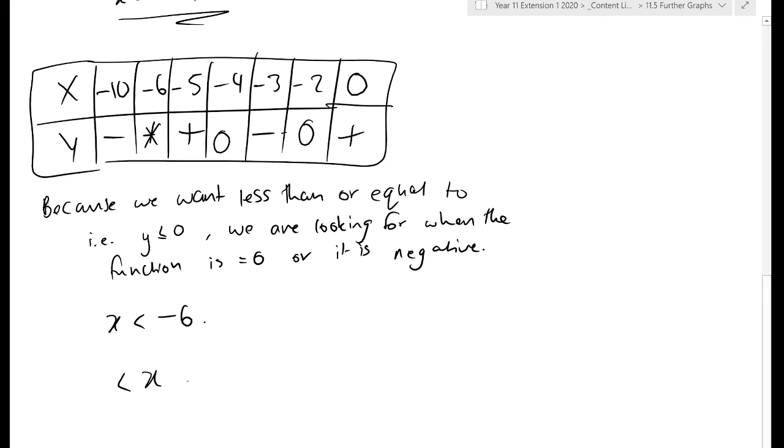But because we also want the values where it's equal to 0, it's also equal to 0 at those points too. So when x is less than negative 6, the function is negative, and when x is between negative 4 and negative 2, it is less than or equal to 0 as well. And that is the final answer, so that's all that we want for that part.